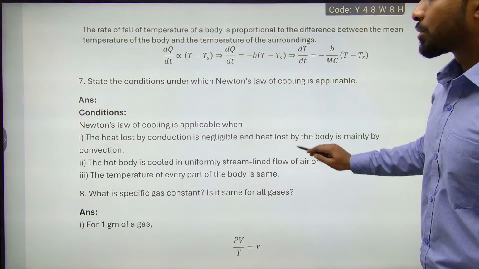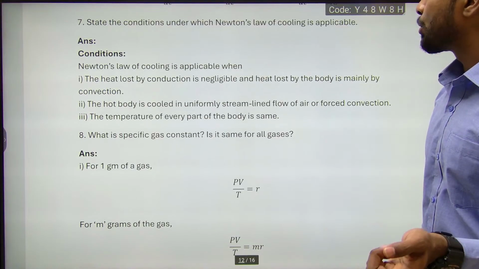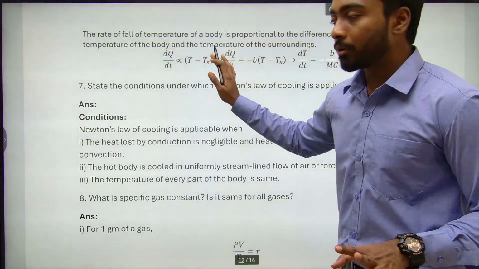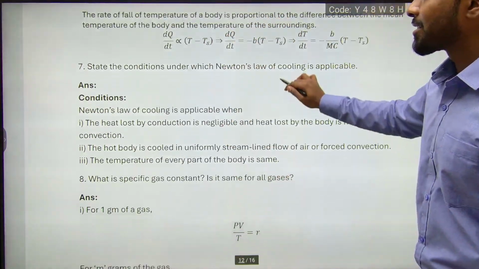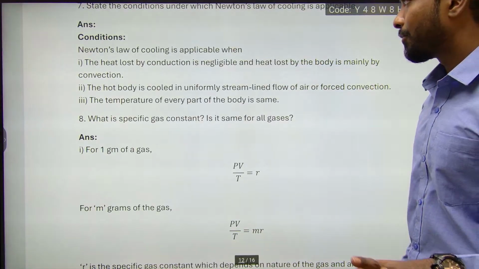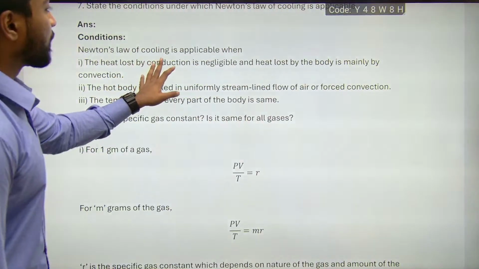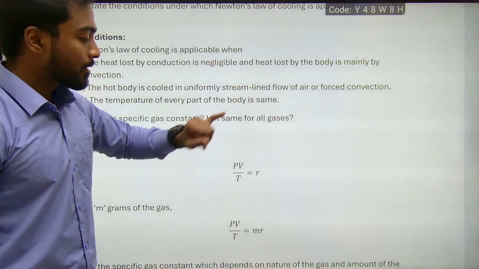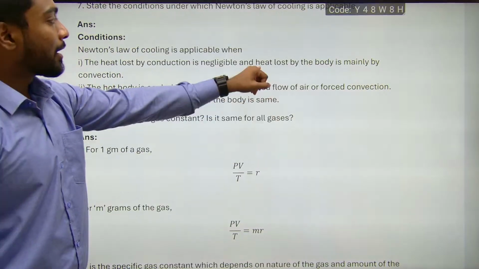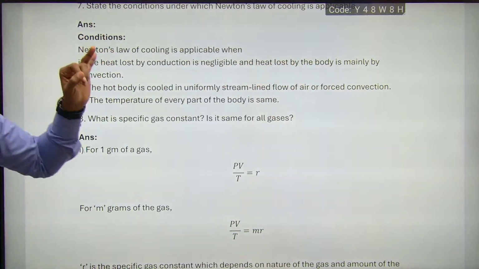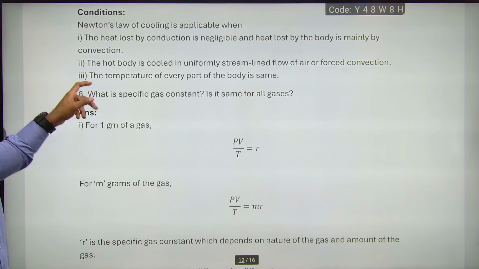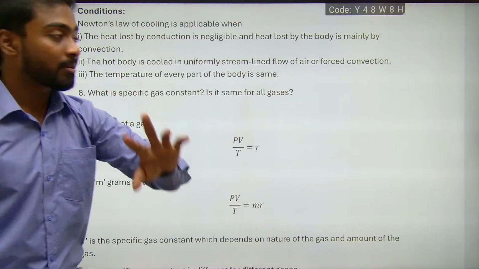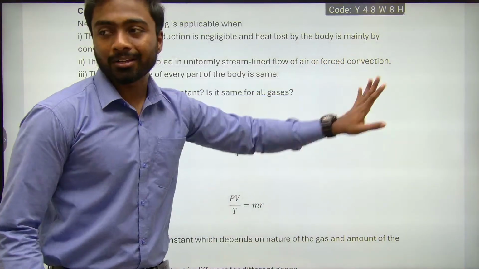Okay, so state the condition under which Newton's law of cooling is applicable. Now we have seen the meaning of Newton's law of cooling. Now, where are these conditions applicable in day-to-day life? Newton's law of cooling is applicable when the heat loss by conduction is negligible and heat loss by the body is mainly by convection. Second, the hot body is cooled in a uniform streamlined flow of air, or forced convection.